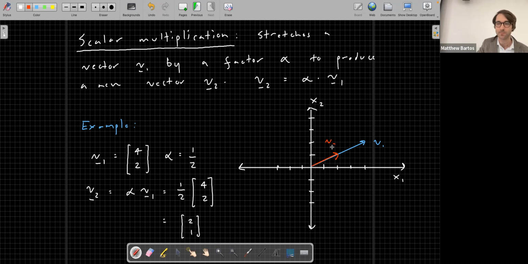This is v2. Note that our scaling factor can also be negative. And what would that do in this case? Let's say we have a new scaling factor, beta, equal to -1/2. Where would our vector land on the coordinate plane?